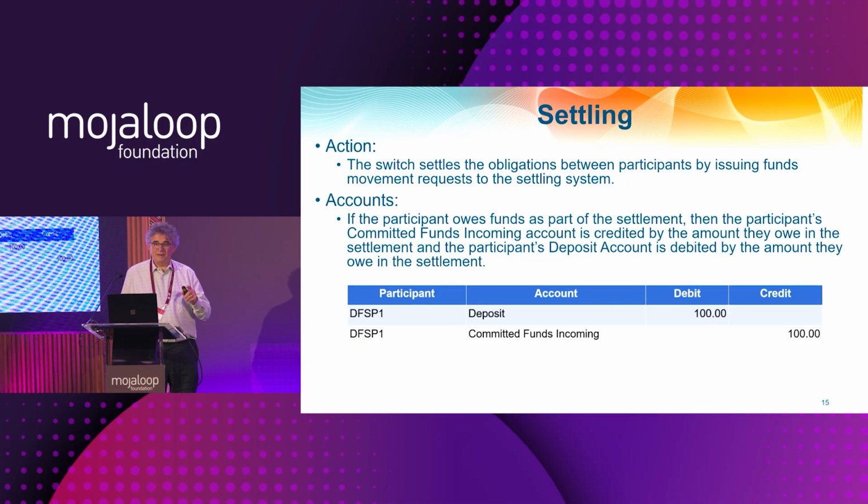So what's happening there is, let's suppose that we had 10,000 in the deposit account originally. The payer DFSP made a payment of 100 clams. In settlement, that 100 will be taken off and there will only be 900 in their deposit account. And the amount that they owe will be wiped off from their committed funds incoming account.